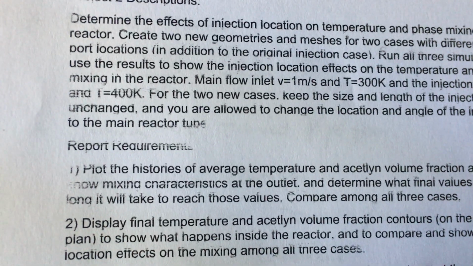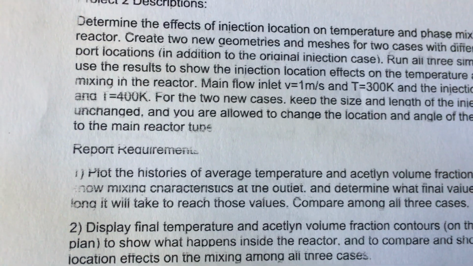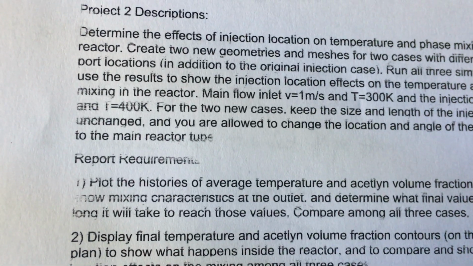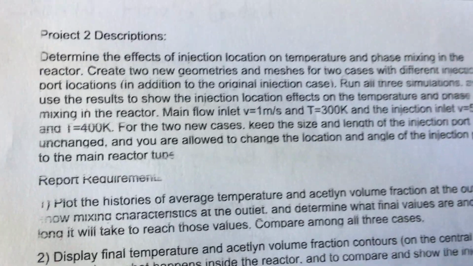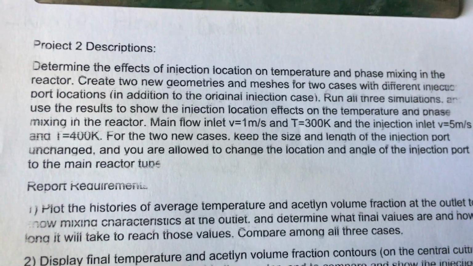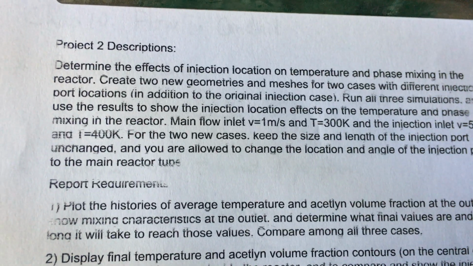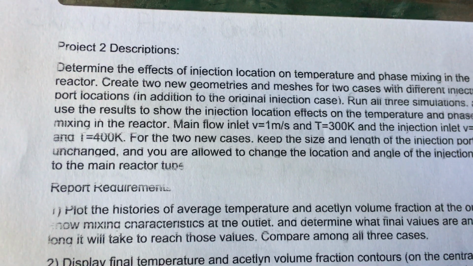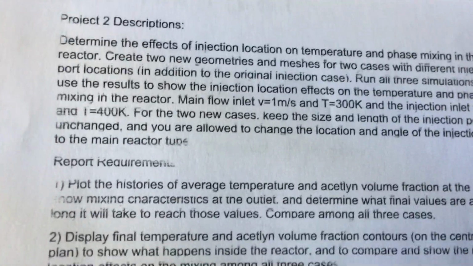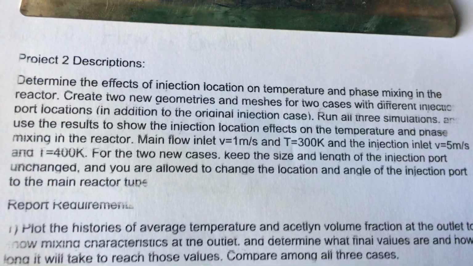That's one of the indicators we can use to show how well the mixing is. So this is the background information. You are simulating a fluid with two phases as well as the temperature, so the energy equation has to be turned on too.